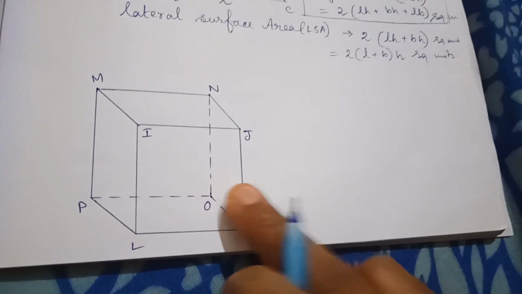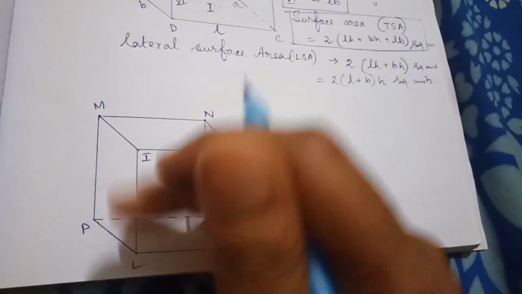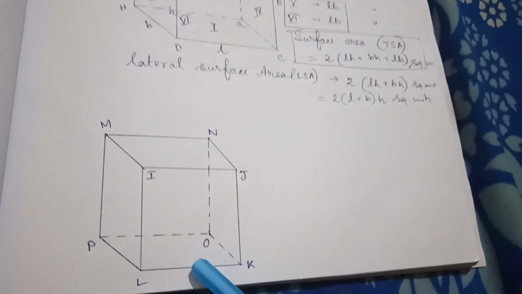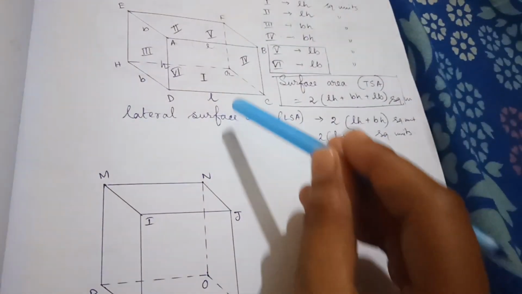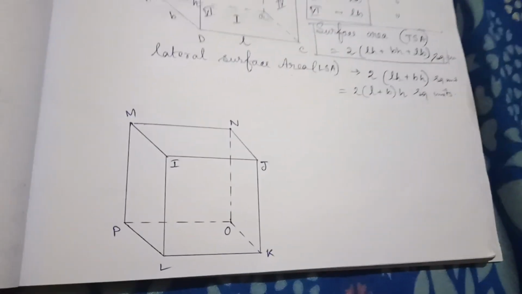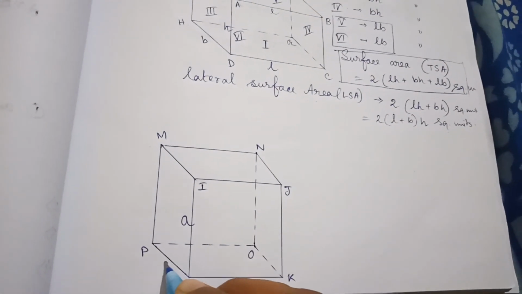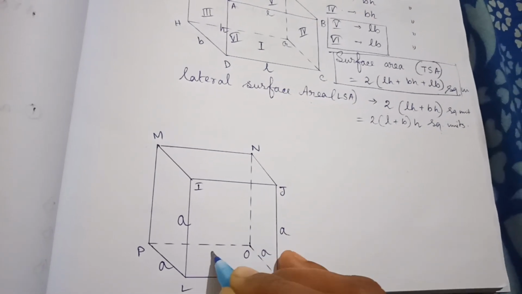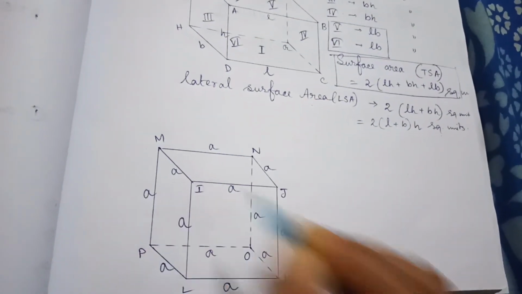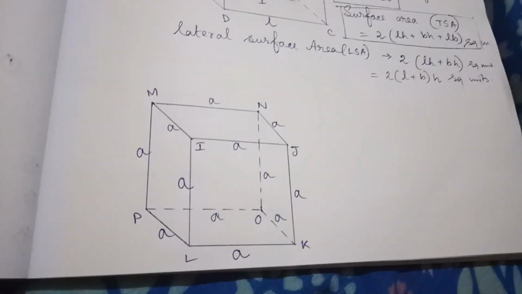Coming to the cube. Cube is the same thing. We have all 6 surfaces: front, back, left hand side, right hand side, top and bottom. The surfaces' names can be given the same way. The only difference is here all will be of the same measurement, and we take that measurement as A units.